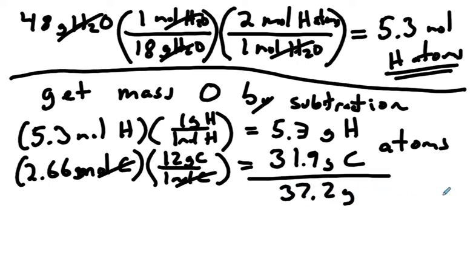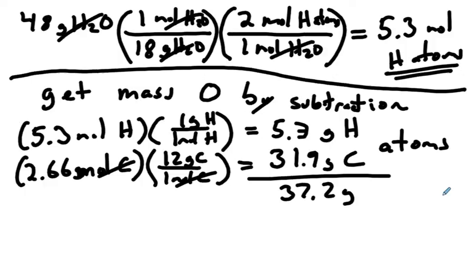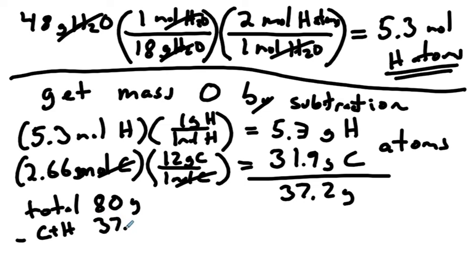And notice, if we go back to our original problem statement, we started off with 80 grams. So we can subtract that from the 80 to get the mass that came from oxygen. So the total was 80 grams minus, we have the carbon plus hydrogen, which we said was 37.2.